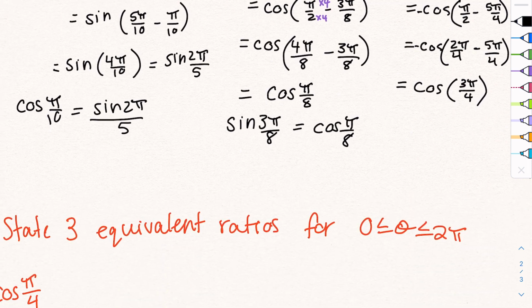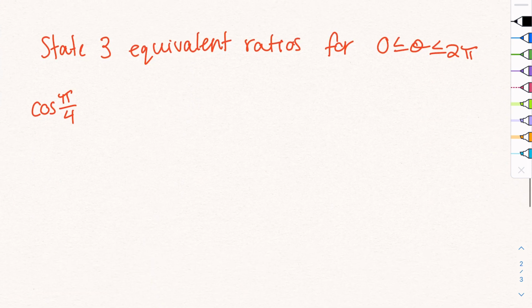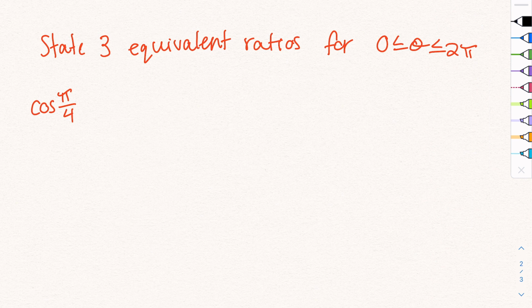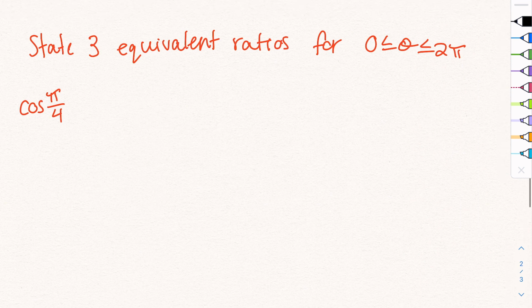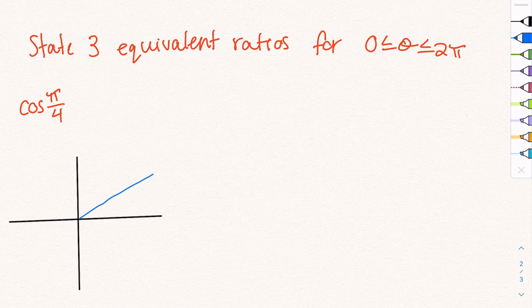Now, if I asked you to state 3 equivalent ratios between 0 and 2 pi for the following, so if I gave you cos of pi over 4, first let's talk about which quadrant that would be in. So we know pi over 4 is an acute angle, so it's going to be in quadrant 1.